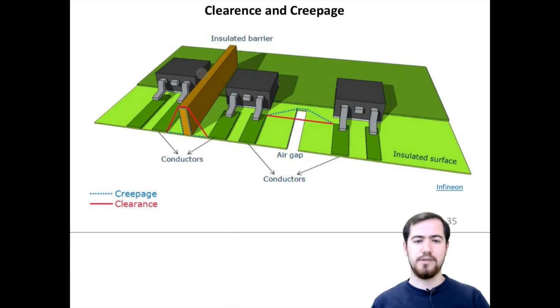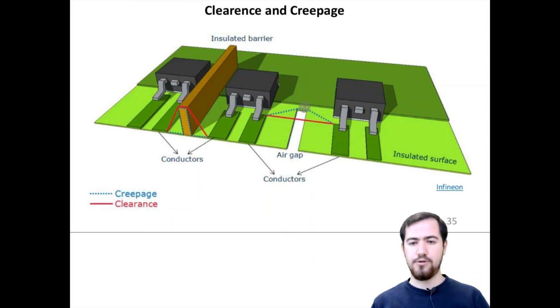Okay, other important terms are creepage and clearance. Clearance is defined as the minimum distance between two isolated components, and creepage is the distance along the surface between these two components, the length of the surface.